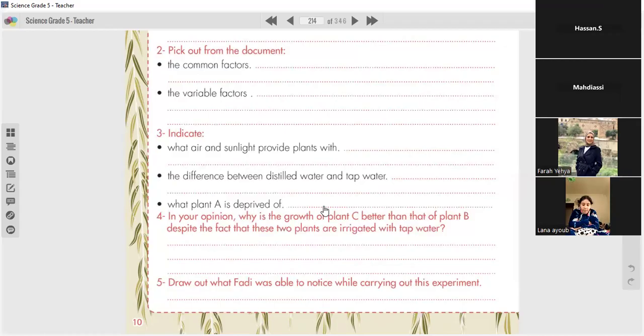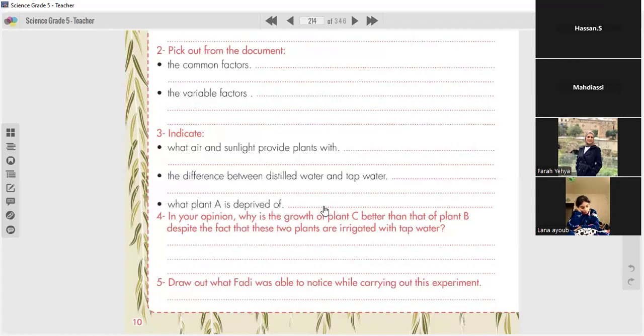Hassan, if you are doing this experiment, what can you conclude about the mineral salts? Are the mineral salts important or not important? Important for the plant. So how can you change this into a sentence, like a conclusion?